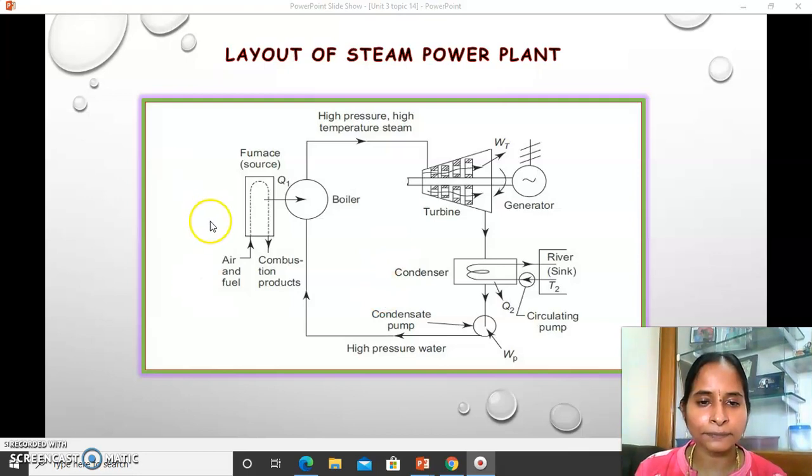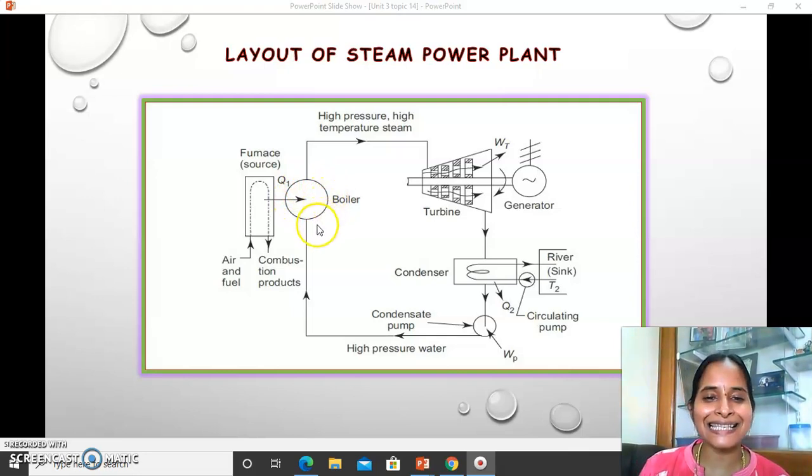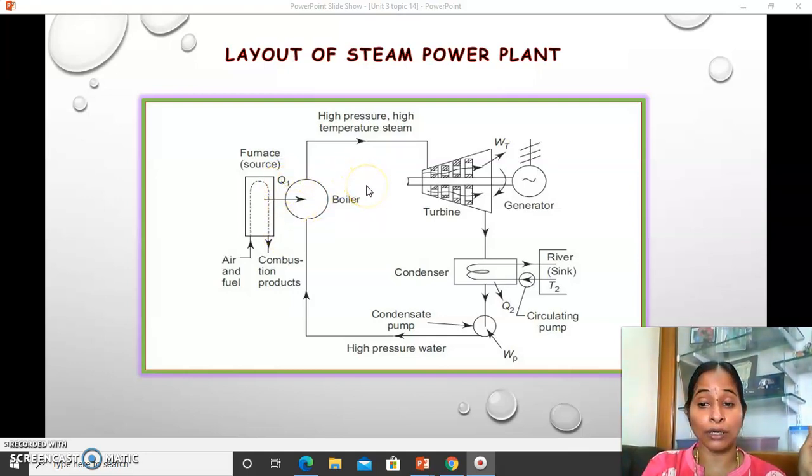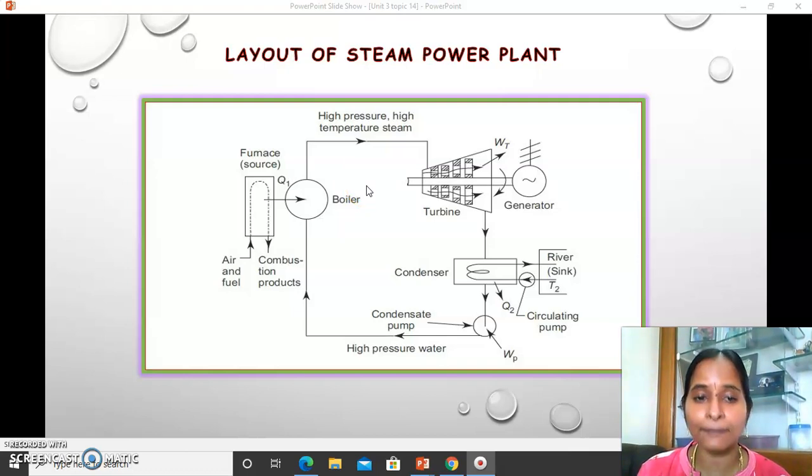Here, as I told, I always start with the boiler, because this is the initial device which converts water into steam. The boiler produces steam, in which the water undergoes a phase change from water to steam.